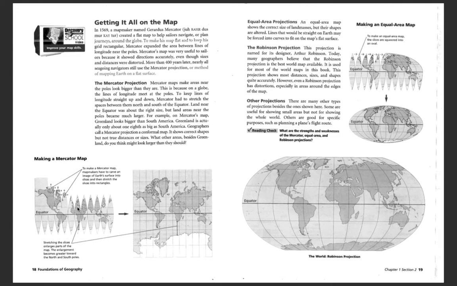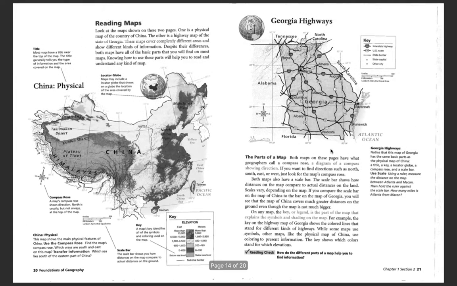At the bottom you can see some of the different types of maps. You have your Mercator map, our Robinson projection, which is this section, an equal area projection, which looks like this, and there are other projections too. You can't take a round object, you can't take 3D and put it on 2D accurately.